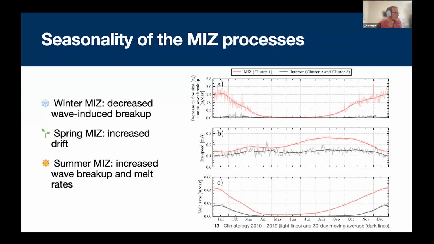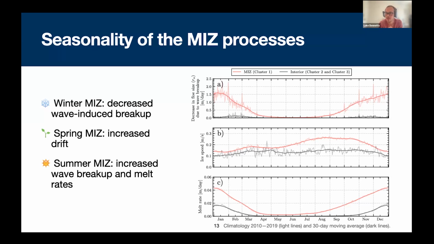So at the top, we are looking at the wave-induced breakup, and unsurprisingly, it's much greater in the marginal ice zone. The one thing that I should point out here is that if breakup occurs in the interior ice pack, and that breakup causes the ice in a particular cell to move from being part of the interior ice pack to being the marginal ice zone, then it's counted here as being part of the marginal ice zone.